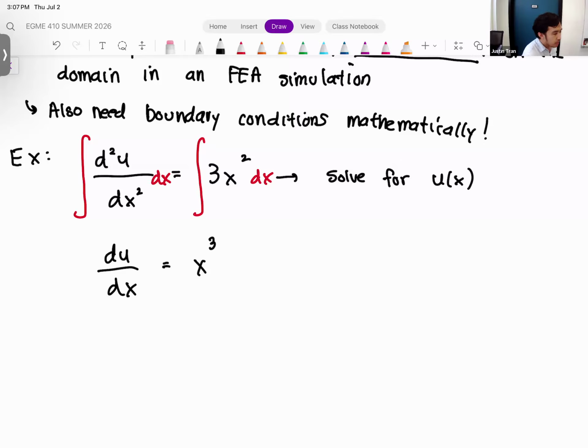But since we are doing indefinite integrals here, meaning that we don't apply any integration bounds, we're just doing a generic integral, we have to also add a generic constant, C1. I usually call this the arbitrary constant.